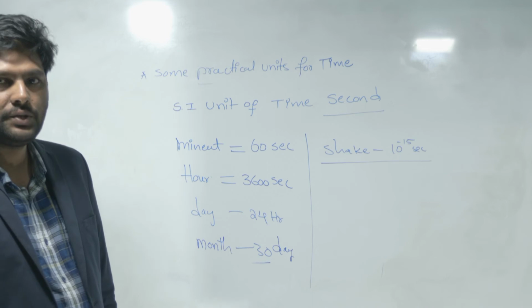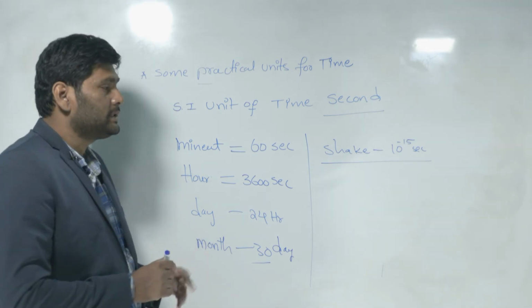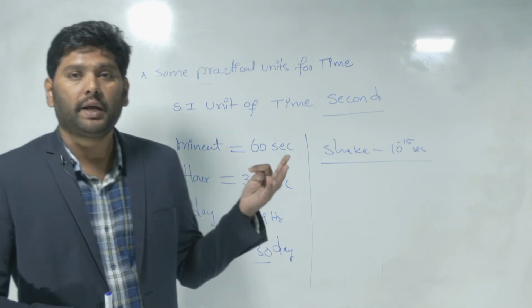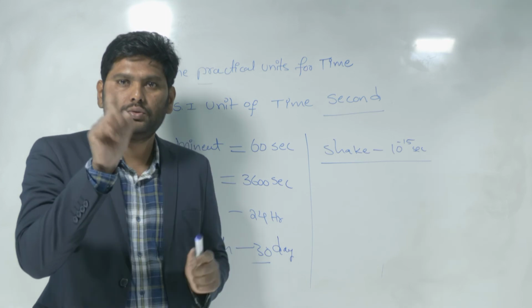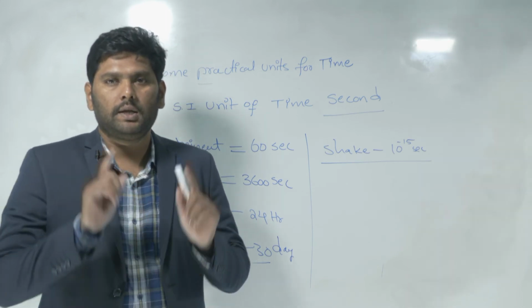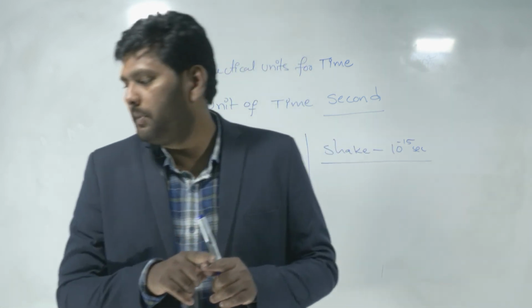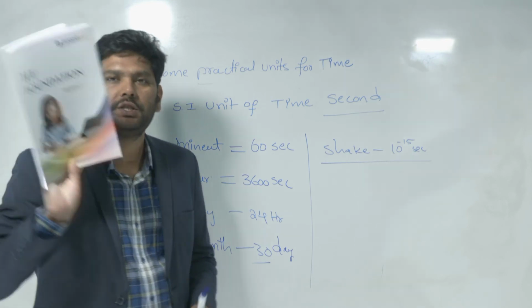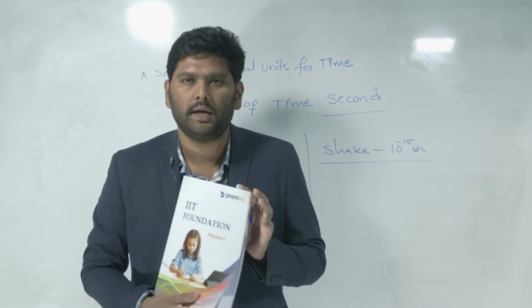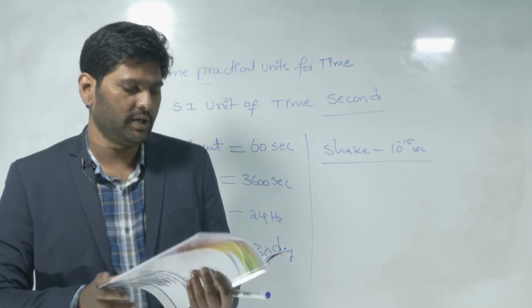I hope you have understood these multiples and some practical units of length, time and mass. Now children, we will do problems based on this. For that, you must open your material, the IIT Foundation book.